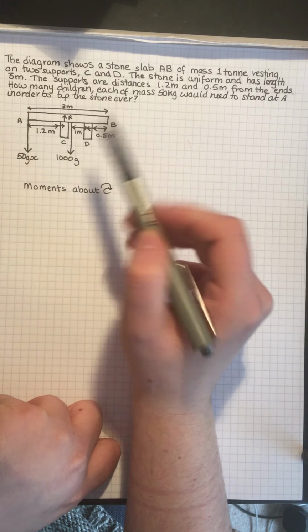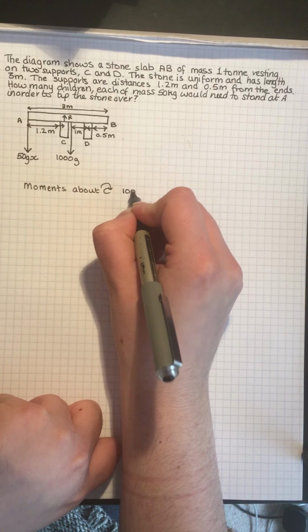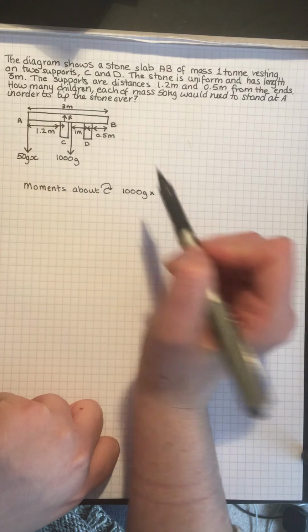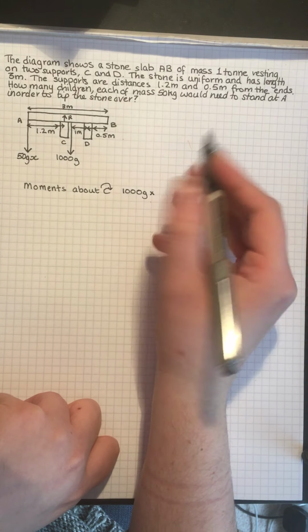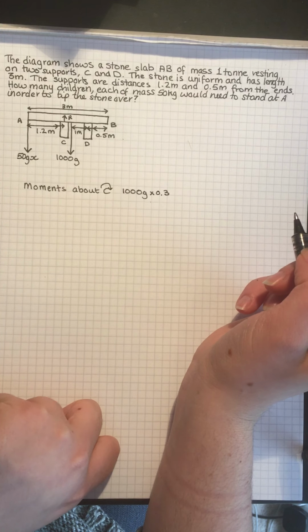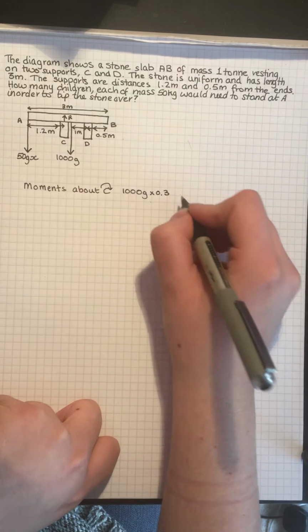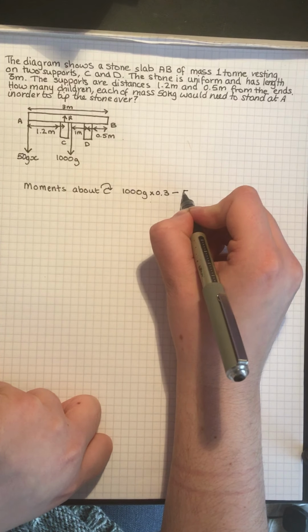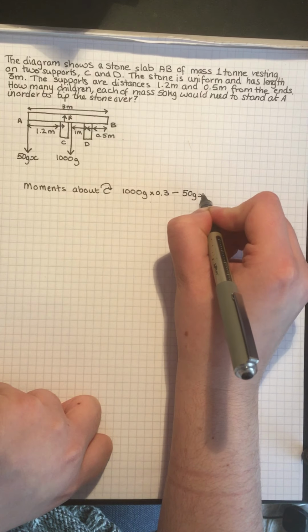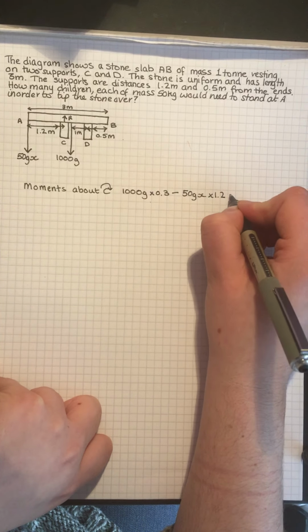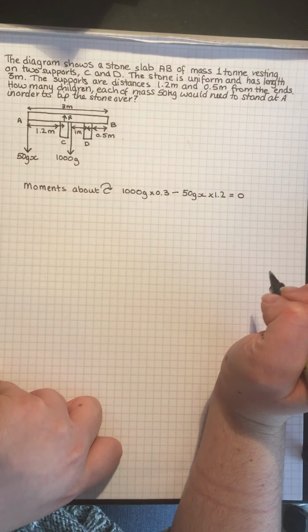Well, we've got this 1000 G, the weight of the stone, and we just said from C, the middle of that support, that would be 0.3 meters. And then in the other direction, anti-clockwise, we've got our 50 Gx times 1.2. And we're saying it's still in equilibrium, so that's going to equal 0.